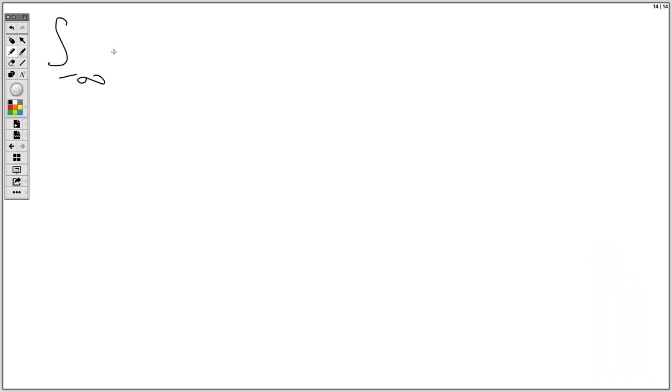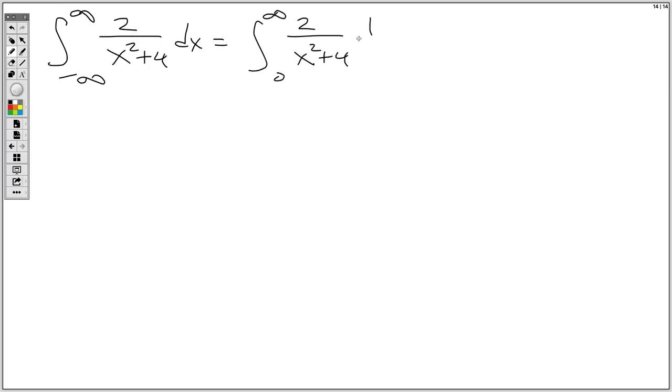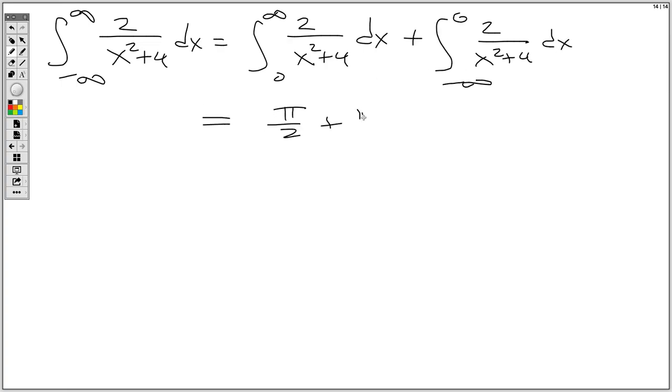So now that I know that both of those parts converge, I can break this up. So this is how we define this thing to work. This is pi over 2 plus pi over 2, which is pi. So this integral will converge to the value pi.